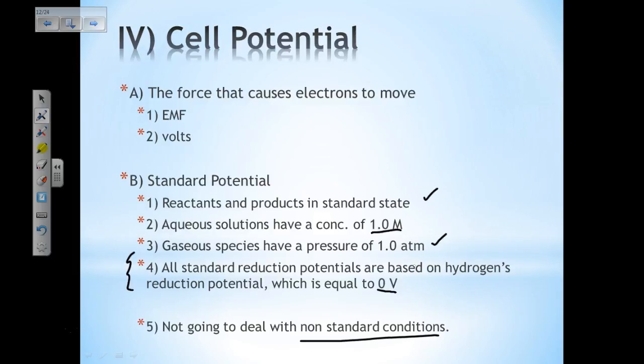I want to say that it's an arbitrary designation, but it's not really. But we're just not going to get into why hydrogen is the basis. Just know that when hydrogen is being reduced, that is the basis for the chart of standard reduction potentials.